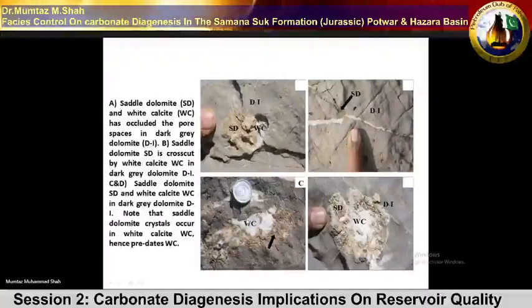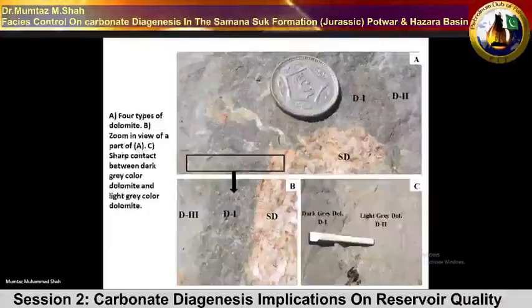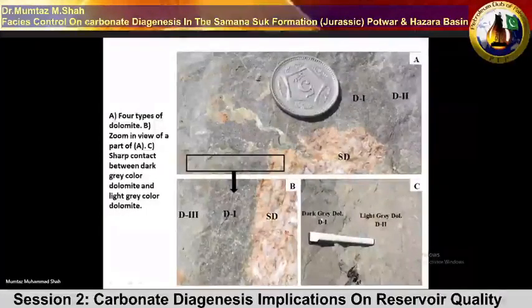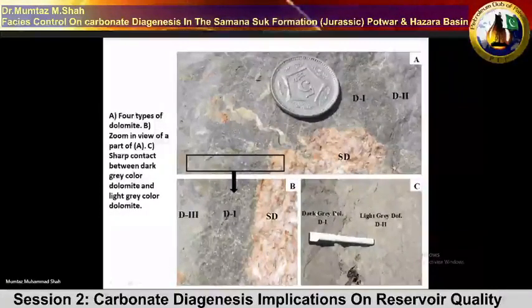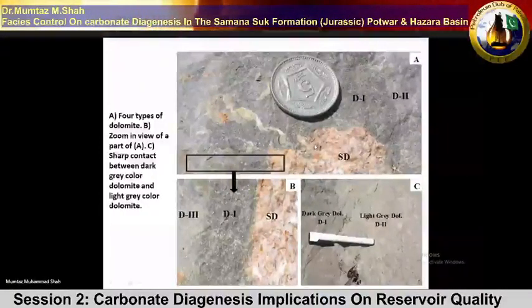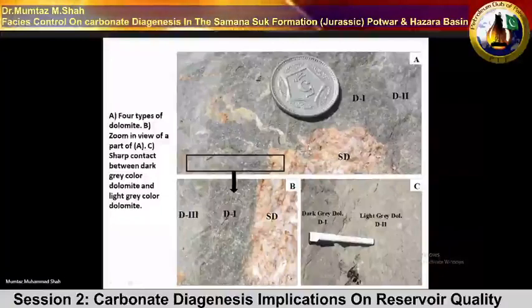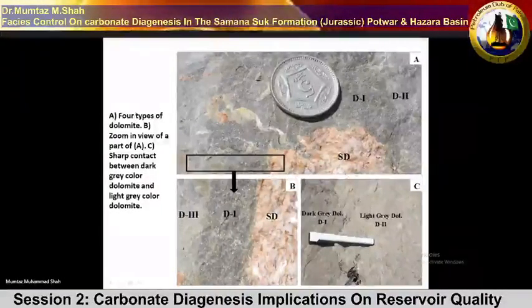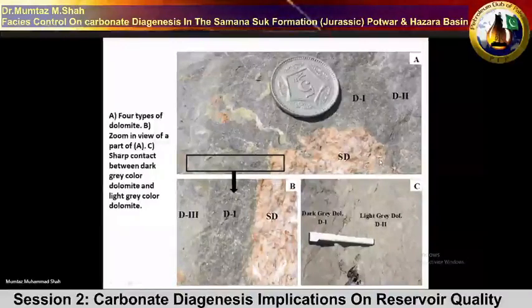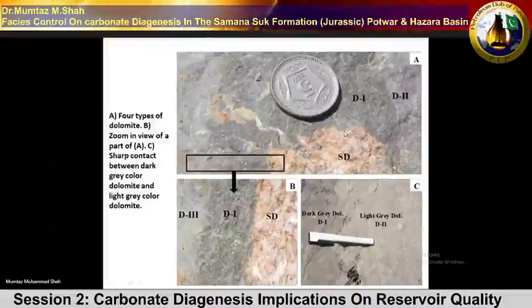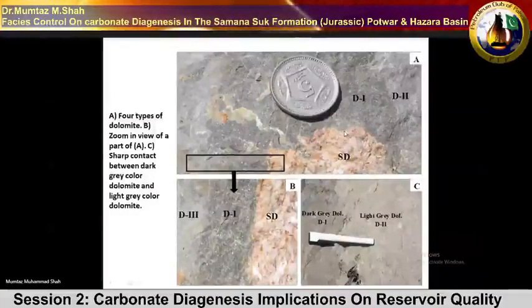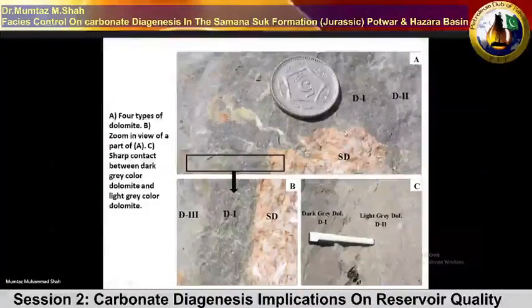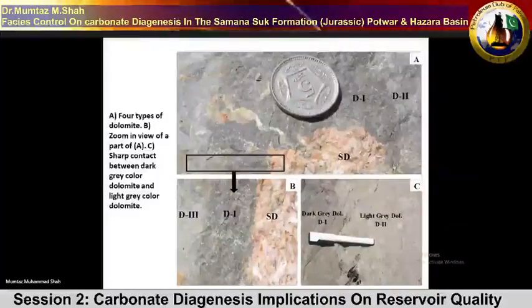In this more inside view, we can see the 2 different dolomite bodies, dark gray colored and light gray colored, whereas the intermediate pore spaces are being filled by this off-white, or I would say more yellowish colored dolomite, which is known as saddle dolomite or yellowish colored dolomite.